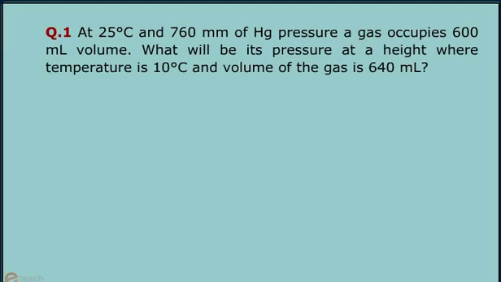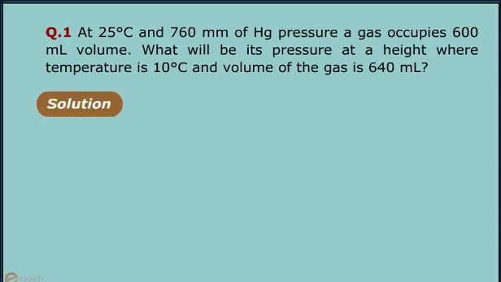Let us solve a problem on the ideal gas equation. At 25 degrees Celsius and 760 mm of Hg pressure, a gas occupies 600 ml volume. What will be its pressure at a height where the temperature is 10 degrees Celsius and the volume of the gas is 640 milliliter?